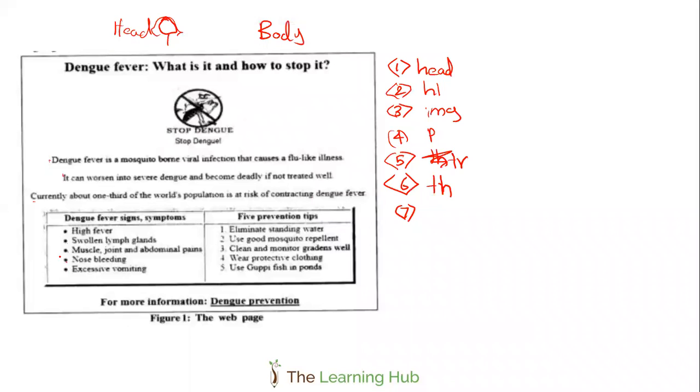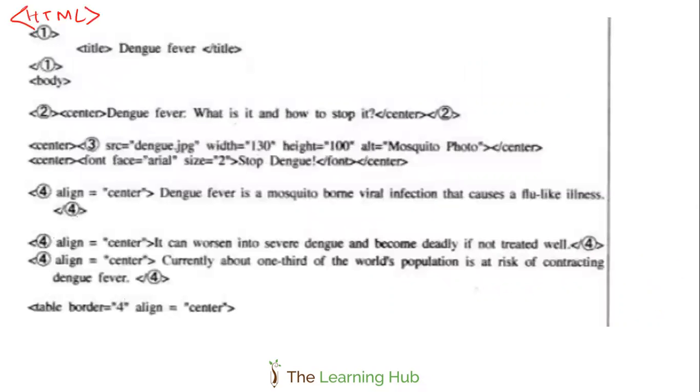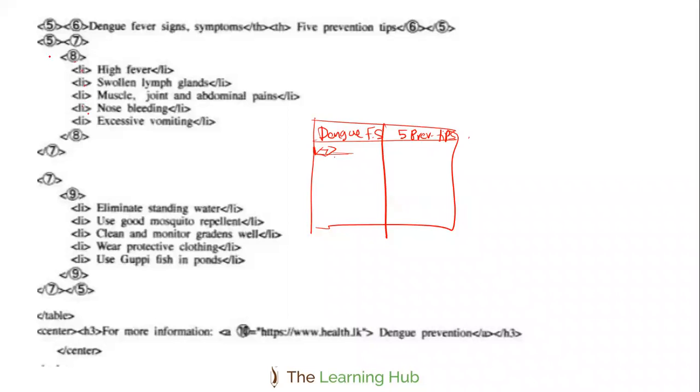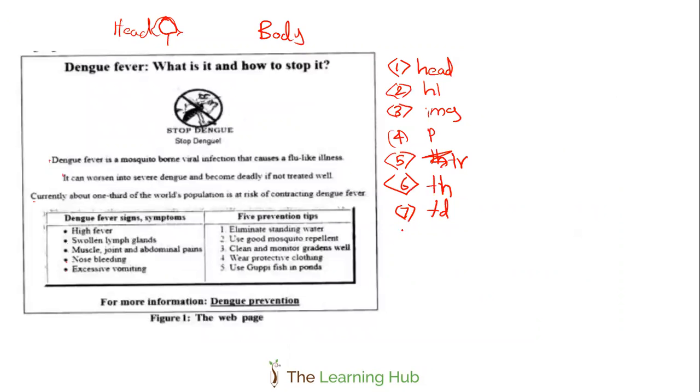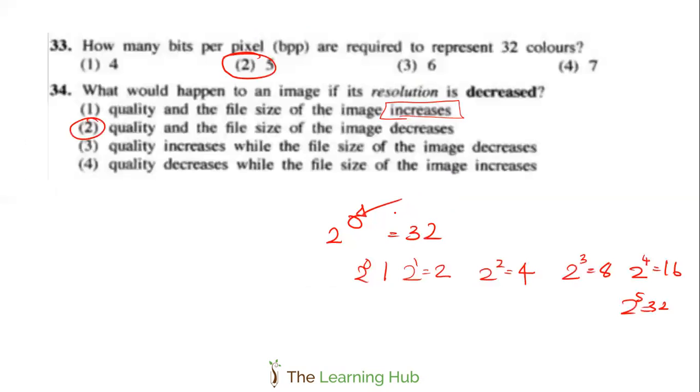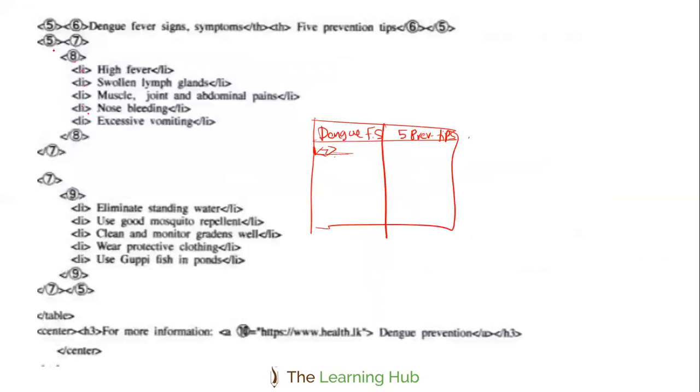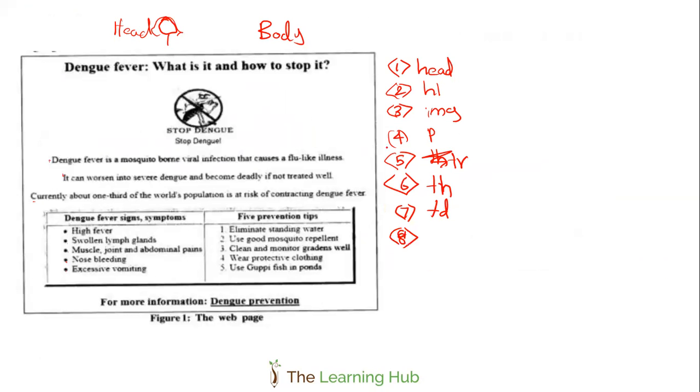So number 5 means we are opening the row. Number 7, this is no longer a heading, so that's going to be table data. Table data. And after table data, they have started off a list, like I mentioned, that would be number 8.